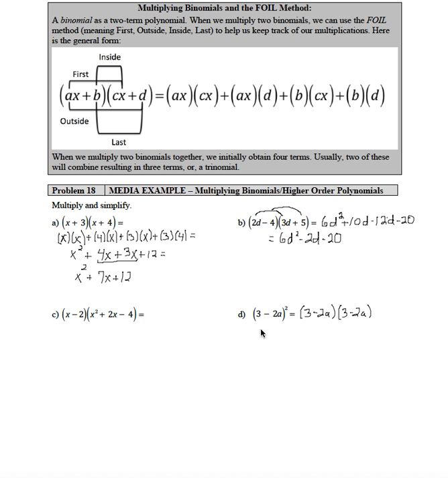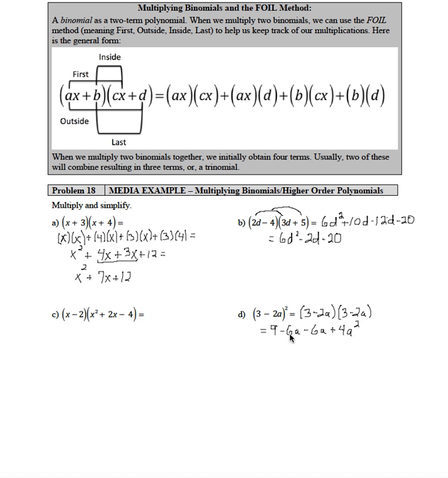So once I have it written out separately, I can apply the FOIL. So 3 times 3 is 9. 3 times minus 2a is minus 6a. Minus 2a times 3 is minus 6a. Minus 2a times minus 2a is plus 4a squared.